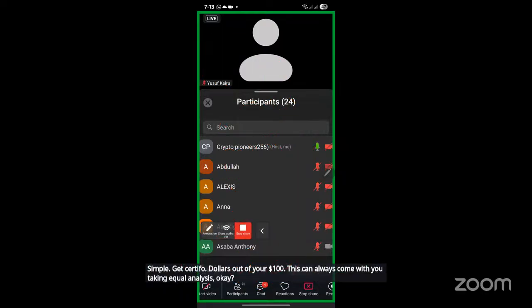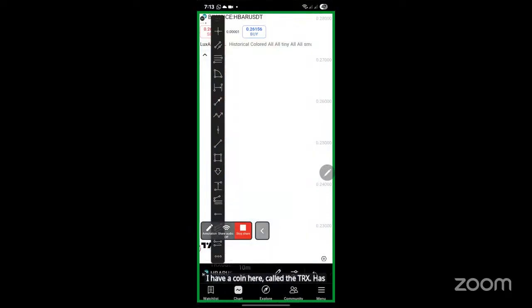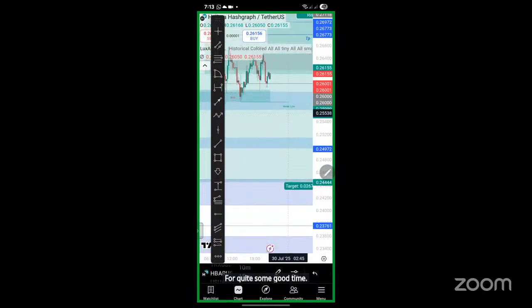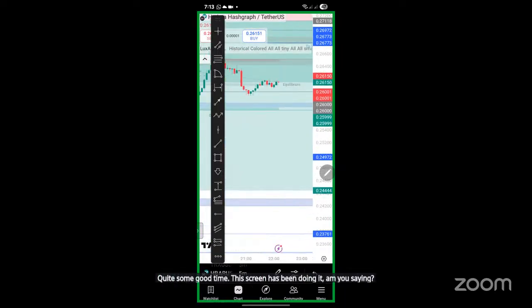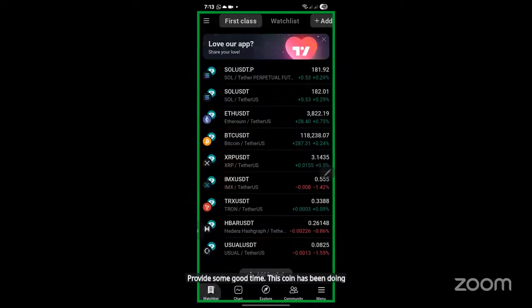Okay, I have a coin here called TRX. It has been doing it for me for quite some good time. Let me see it.